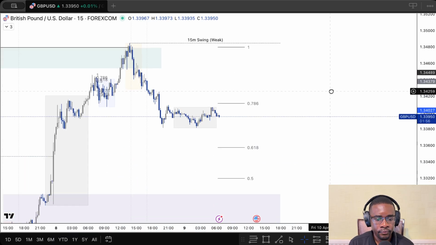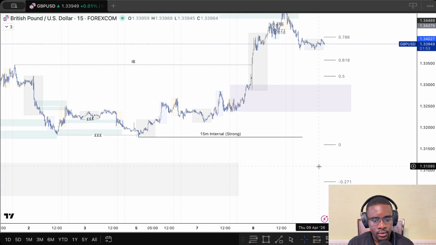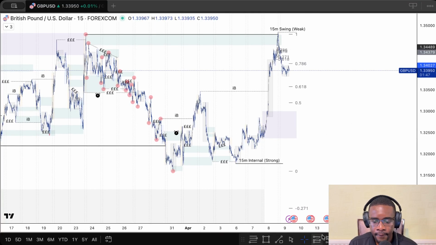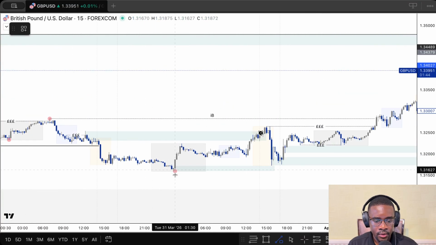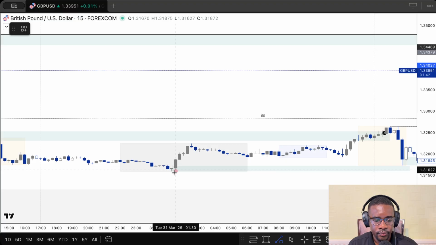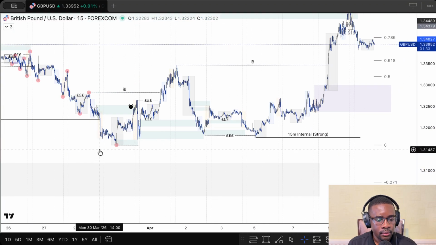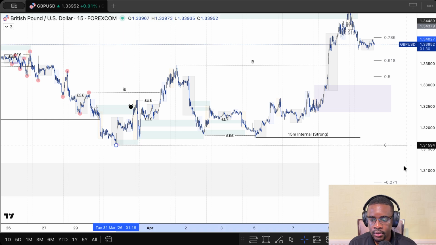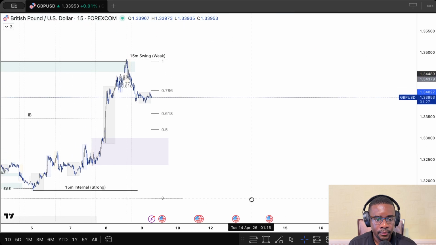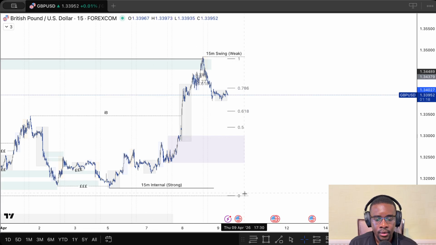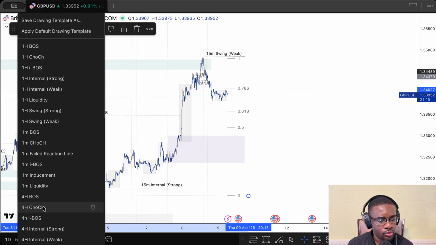Swing high, which makes this low my swing strong.